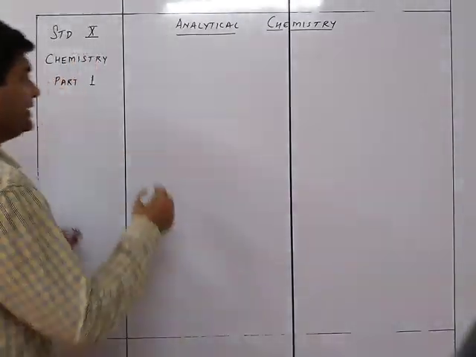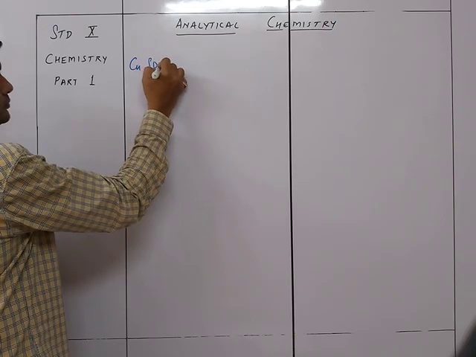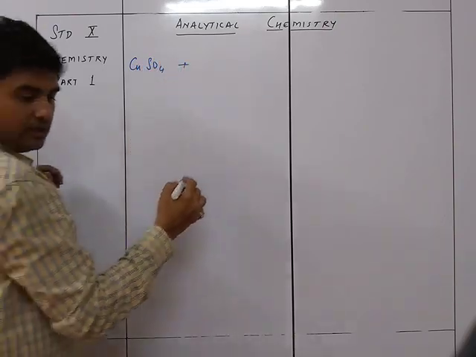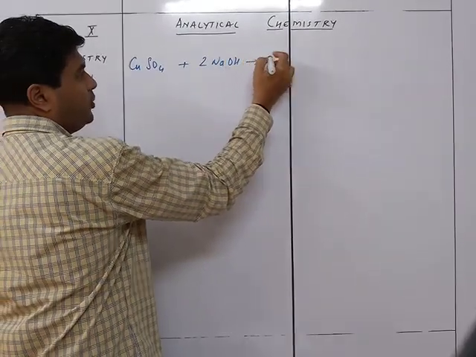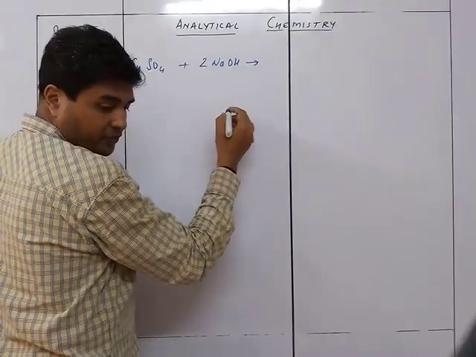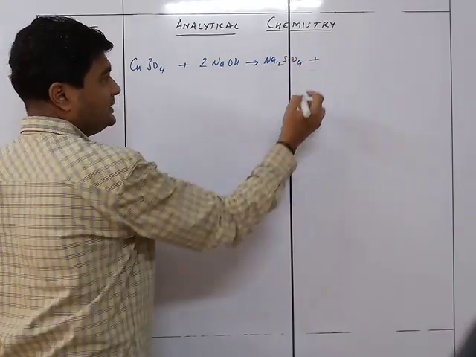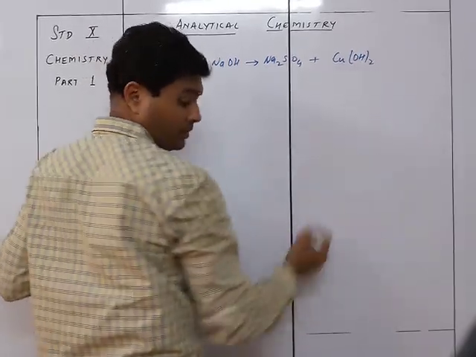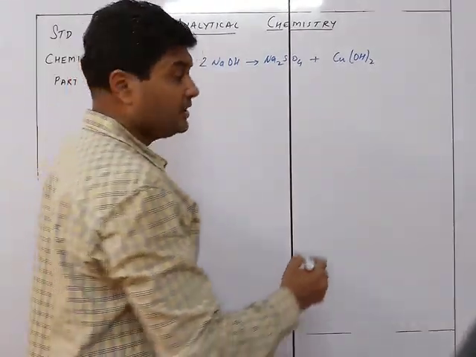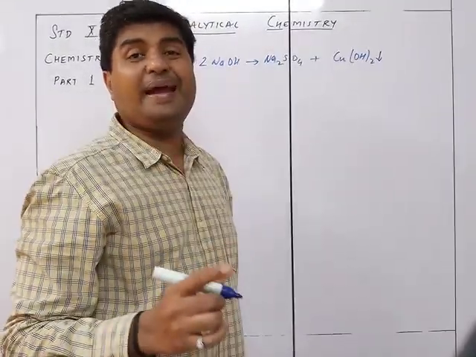So copper sulfate, CuSO4, plus 2 NaOH is going to give me Na2SO4 plus Cu(OH)2 over here, right? This one over here is again a precipitate which is a pale blue color.